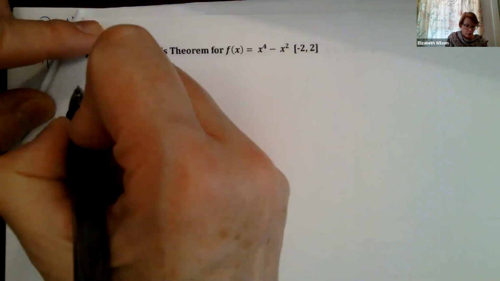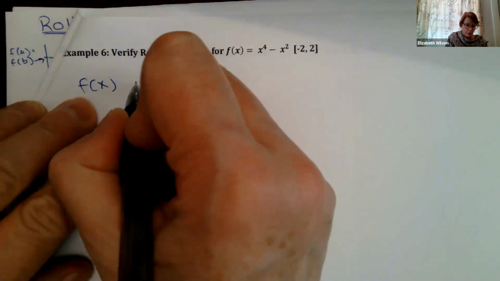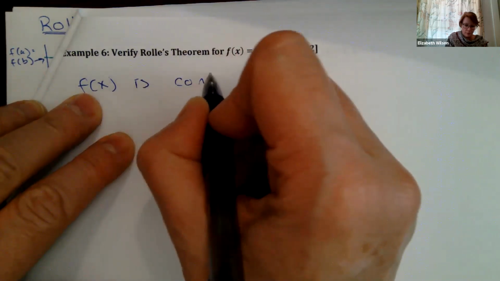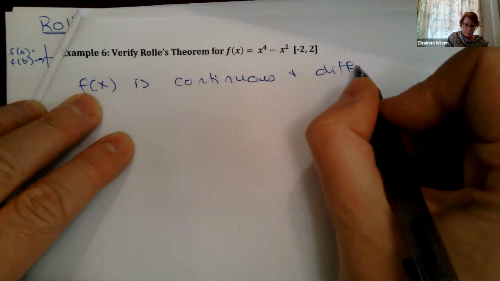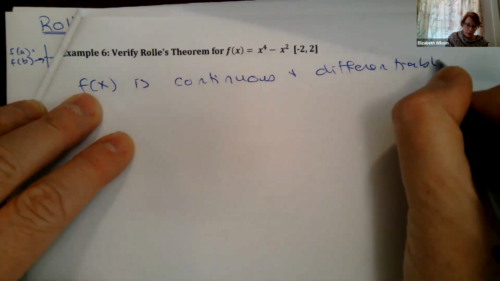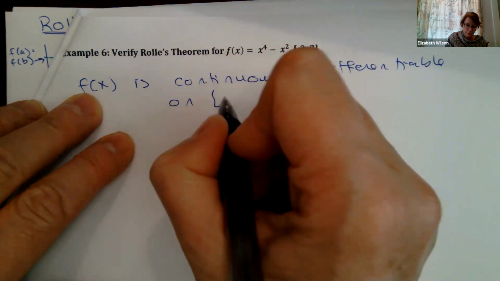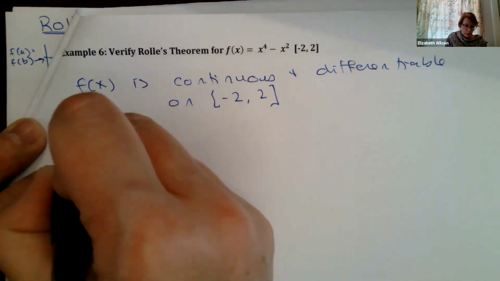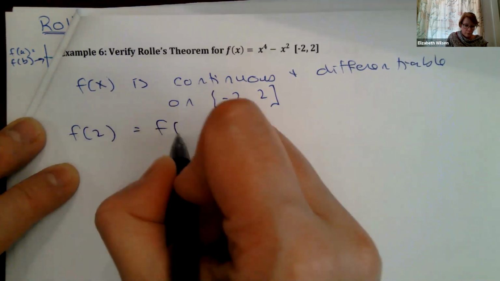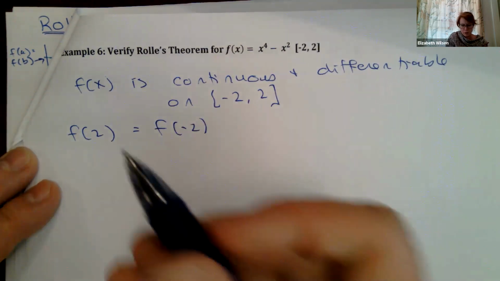Okay, so f of x is continuous and differentiable on our interval. F of 2 equals f of minus 2. Let's just prove it to ourselves.